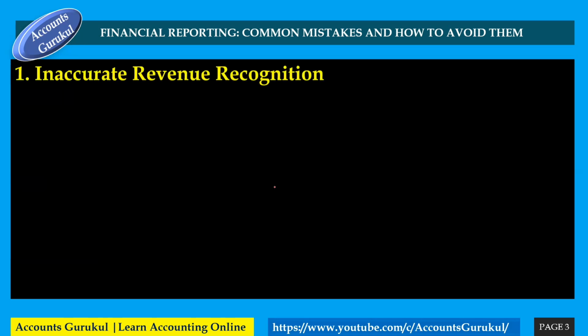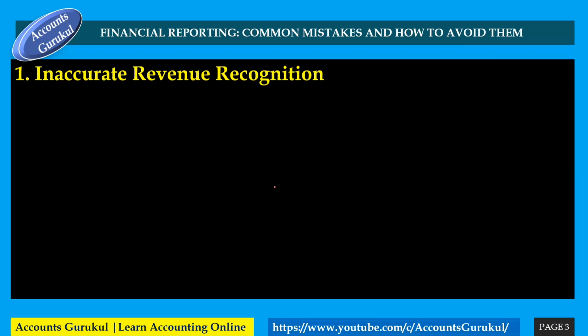So first we'll discuss the revenue side. Inaccurate revenue recognition. We know this is the most important accounting standard with regard to revenue, and that's discussed through Accounting Standard 9 on revenue recognition.